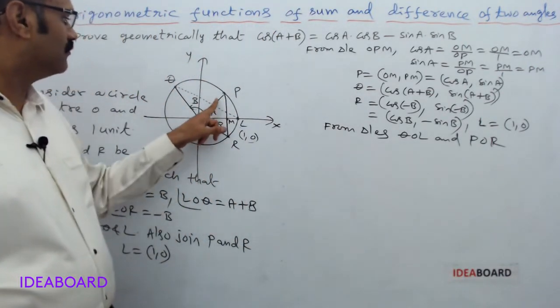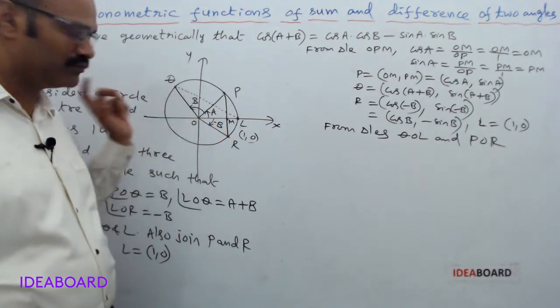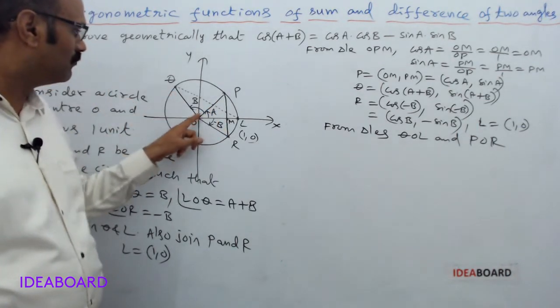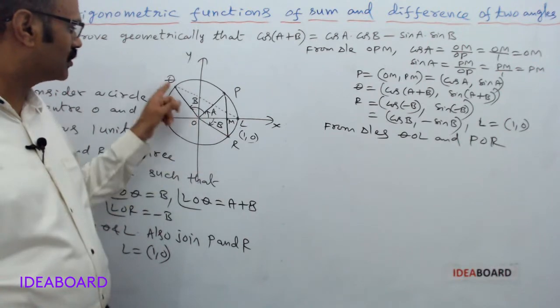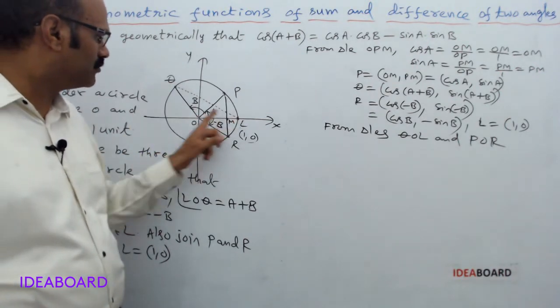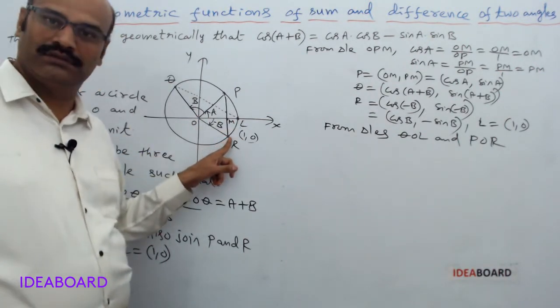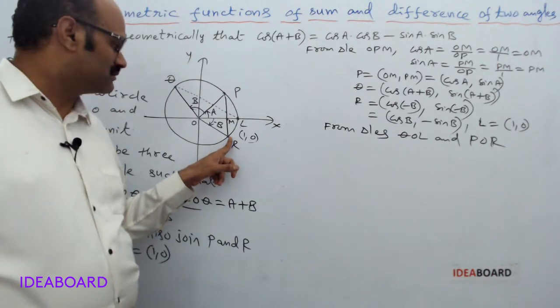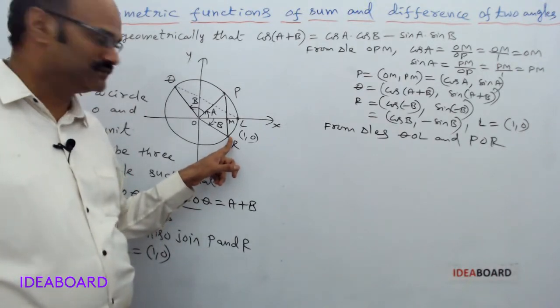we say that OP equals OQ, also OL equals OR, since we have the same radii.